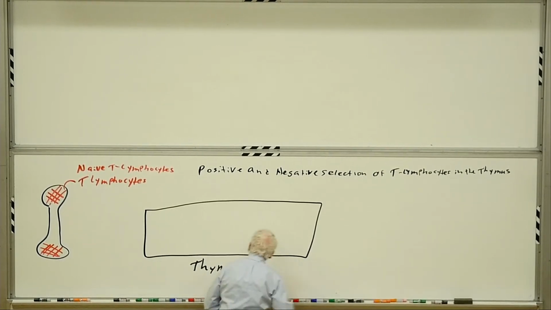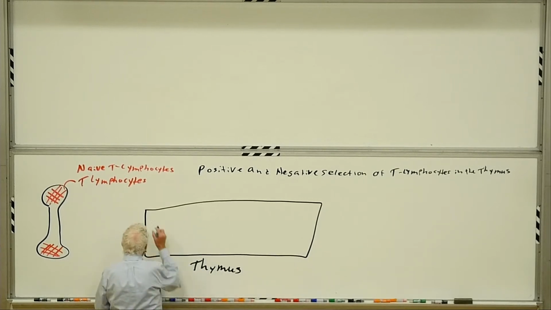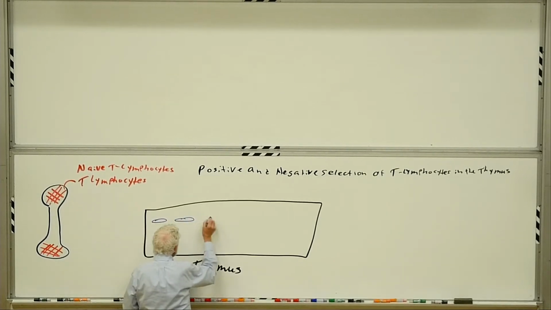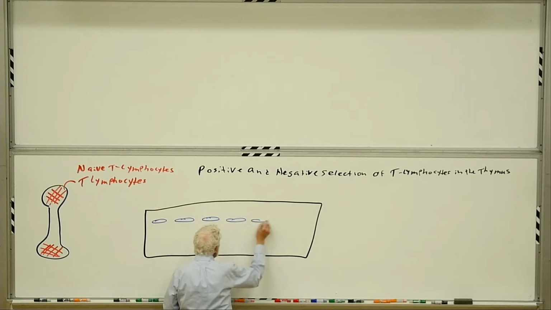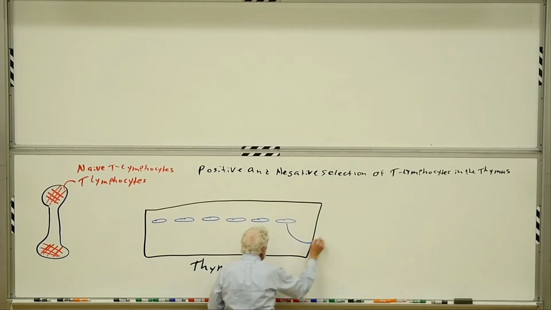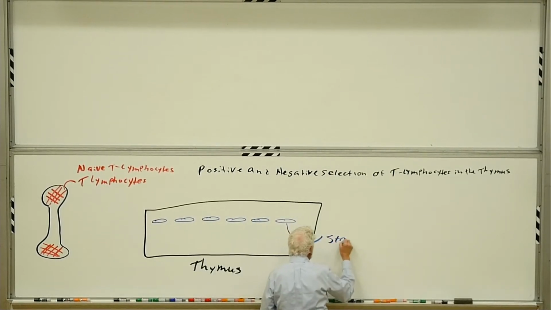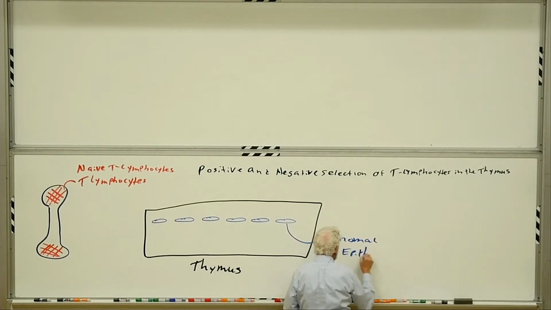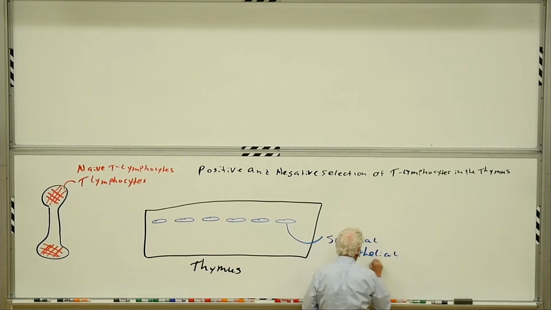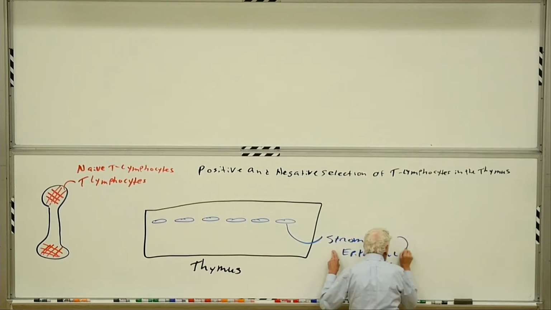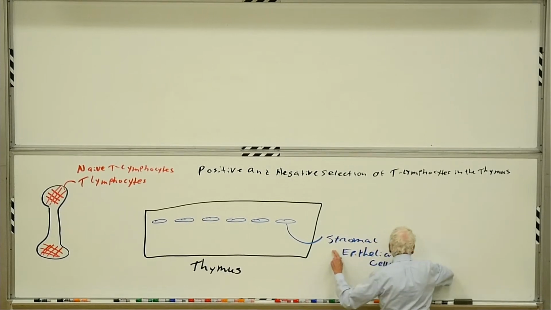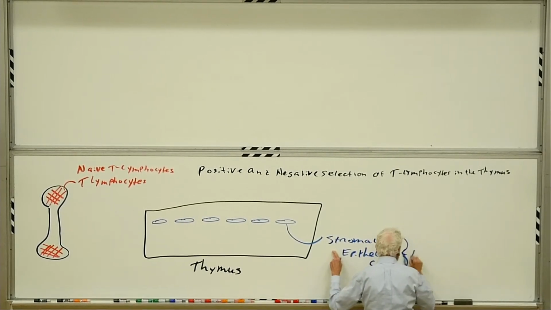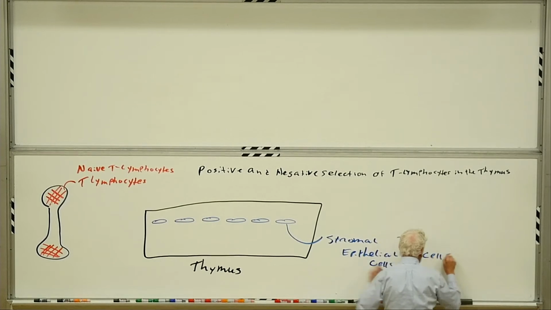And in the thymus, there are all of these epithelial cells. These are called stromal epithelial cells. And it's these stromal epithelial cells that do the job of T cell selection.